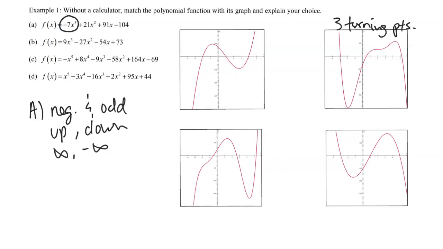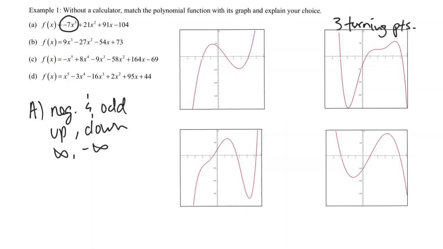Now, remember from our theorem, that very last definition that we had in Roman numeral 1: if a function has 3 turning points, that means it has to be at least a degree 4 polynomial, because a degree n has at most n minus 1 turning points. And this polynomial in letter A is not degree 4.